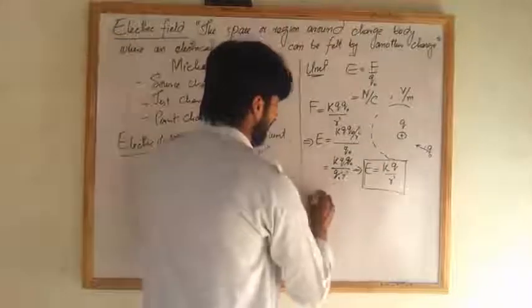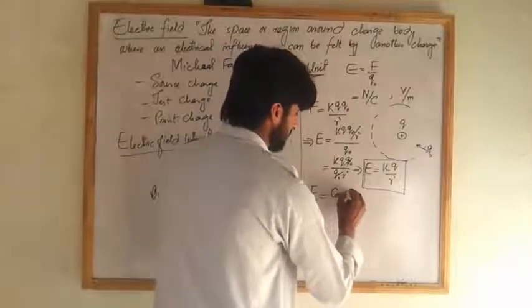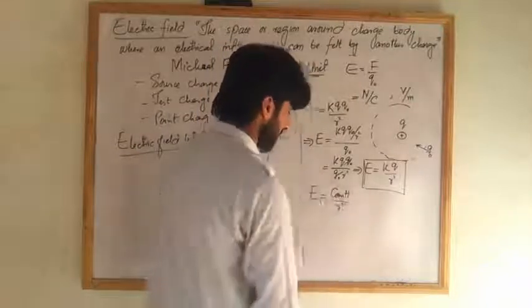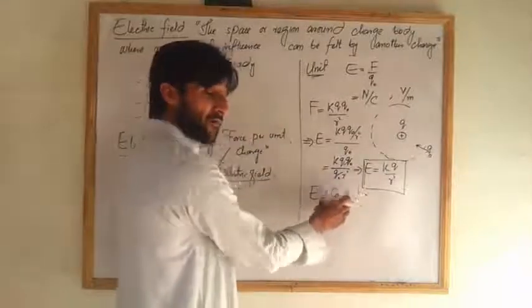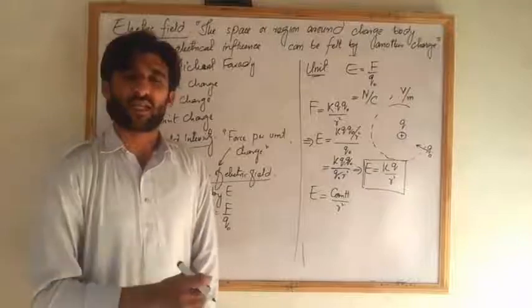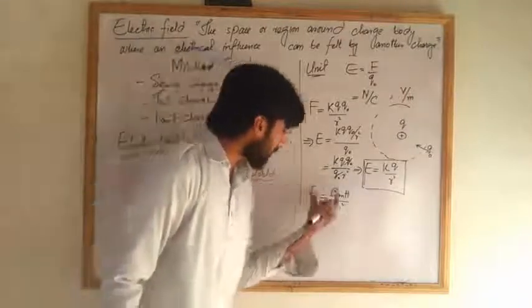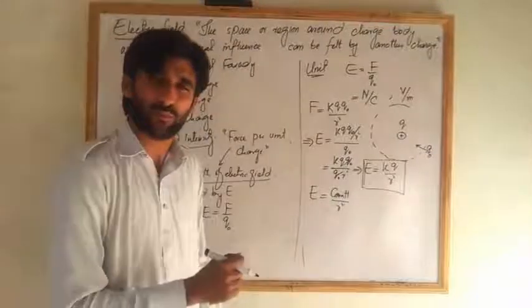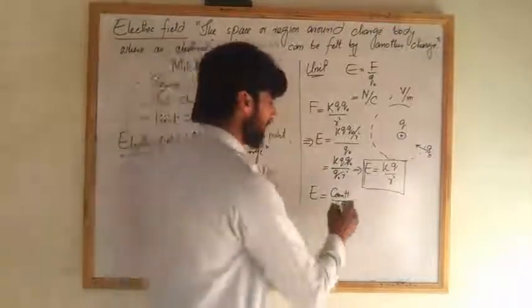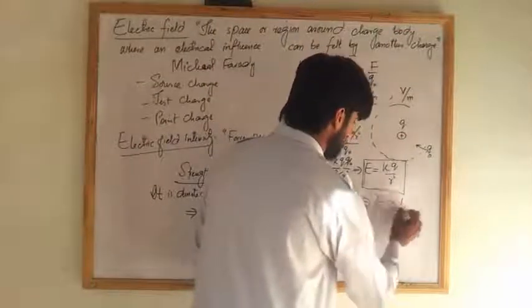So I can write E is equal to constant divided by R square. If I remove the proportionality sign, I put a constant over here; but now that I have a constant, whenever I remove it I put a proportionality sign. So this will be E is proportional to 1 over R square.